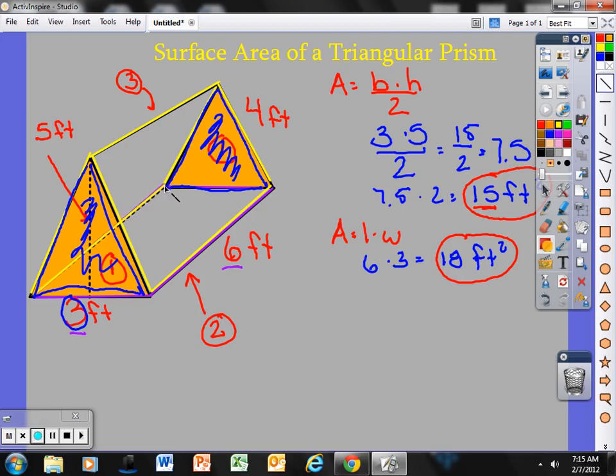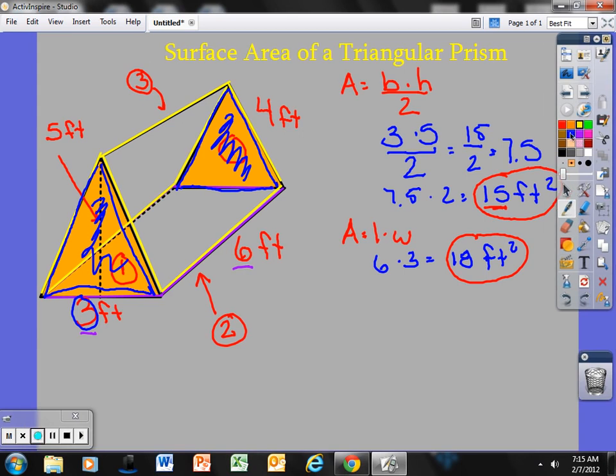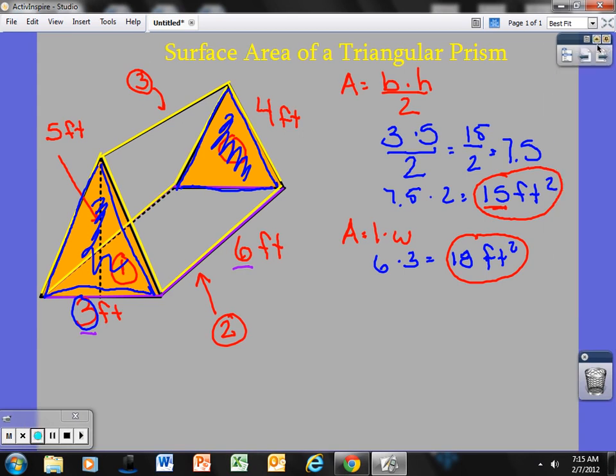Let me take a look at the dimensions, because it's not going to be the same as the other rectangle. The other rectangle, the one we're sitting on, is 6 by 3. This is also 6, but if I look at the diagonal, it's 6 by 4. There are 2 of these, so whatever answer I get, I'm going to double.